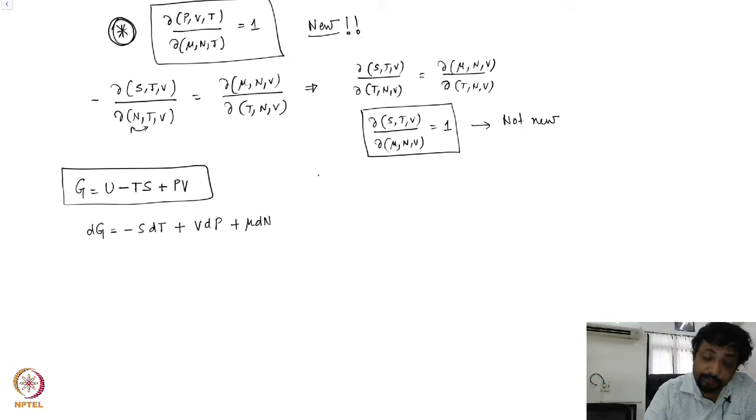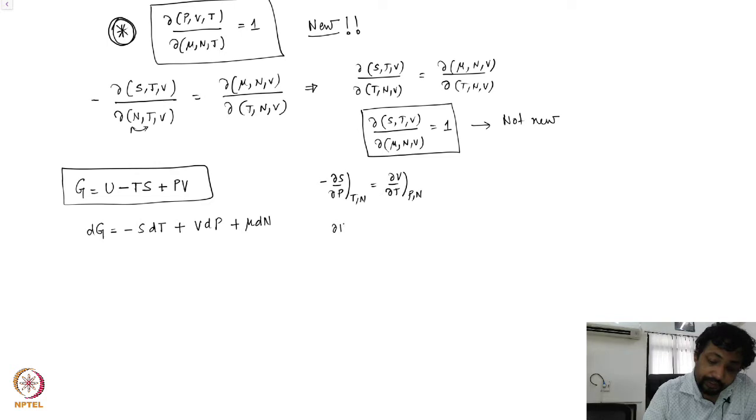So this gives you three Maxwell's relations once again. Minus del S del P, T and N constant, is del V del T, P and N constant.